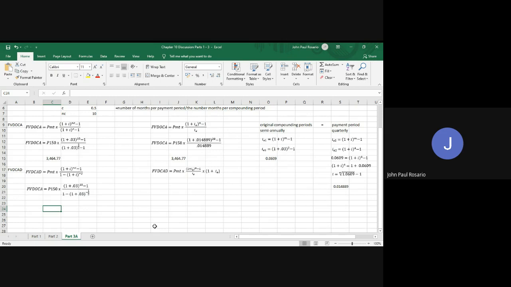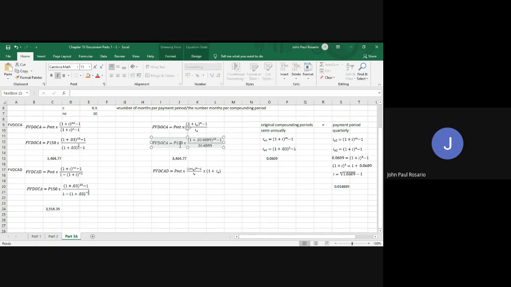Okay, so this should give us 3,500.35. Okay, well, on my way of solving things, I hope we will arrive at the same answer. Oh, I forgot to change the patterns here. Okay, same here.